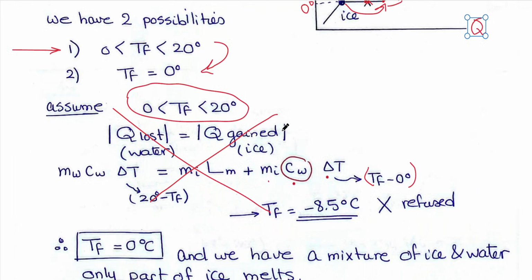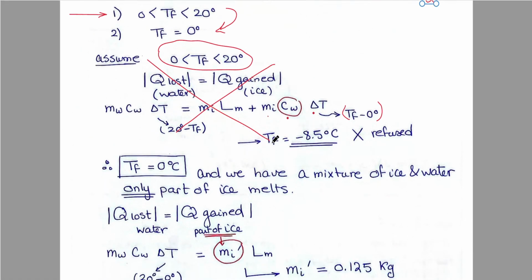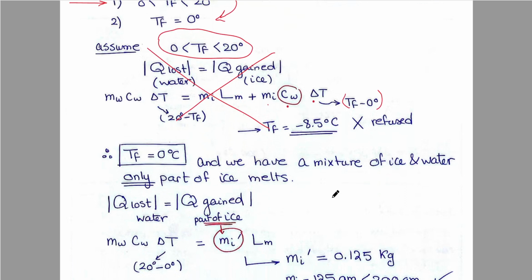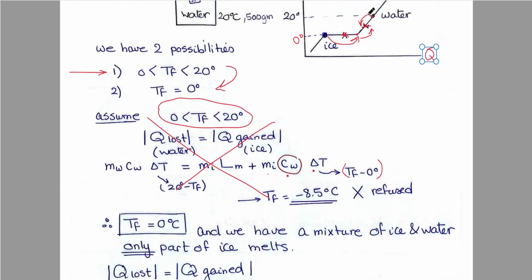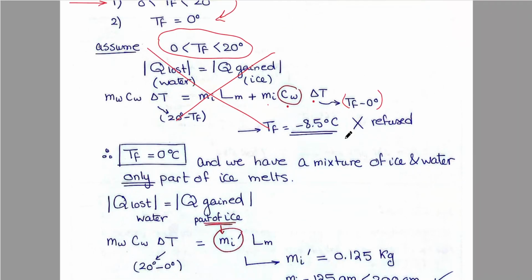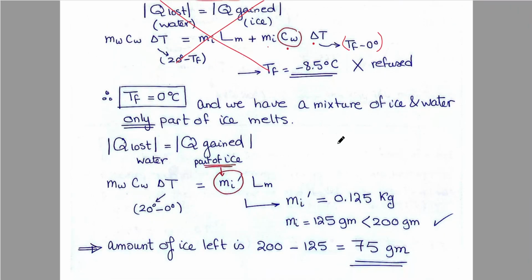So we will rewrite the equation as if part of the ice melts. The amount of heat given by the water will be equal to the amount of heat for the melting part of the ice. Q lost by water equals Q gained by part of ice.